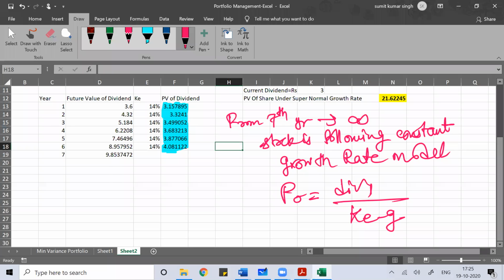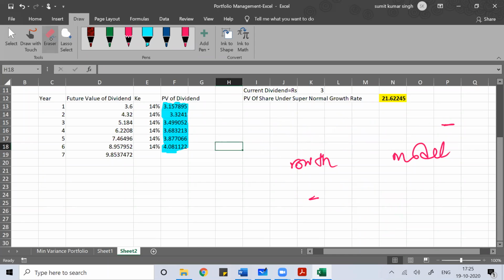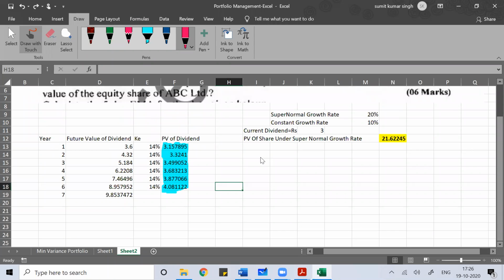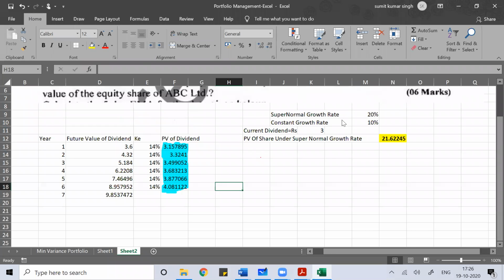I hope you got the logic. The dividend for the seventh year I already have. Now k minus g2. Now I can find the price of the share after the sixth year.